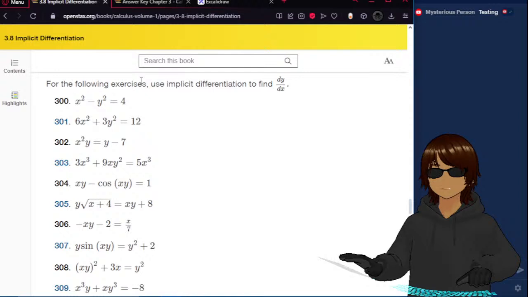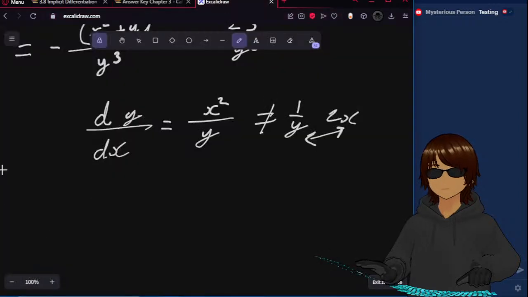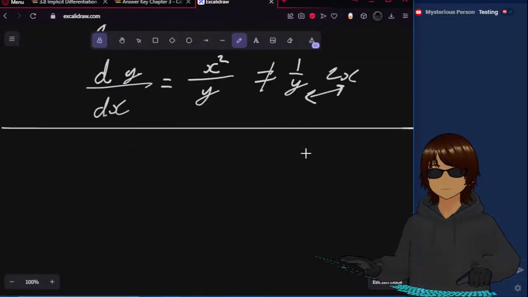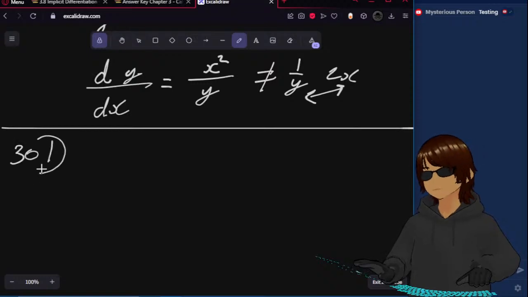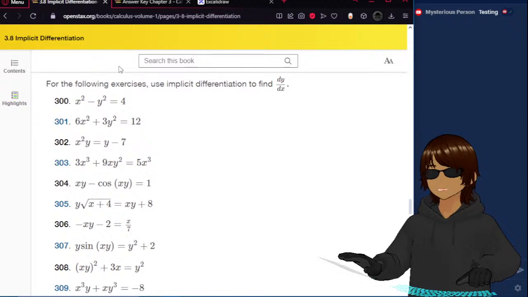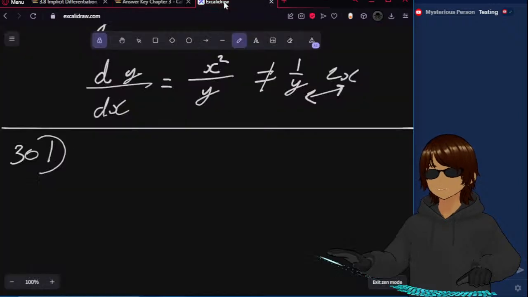Okay, exercises. 301. 6x squared plus 3y squared.